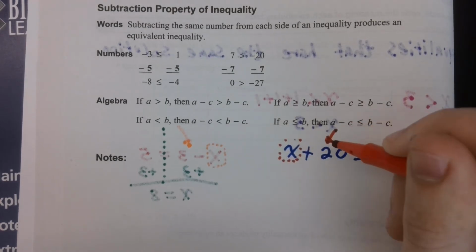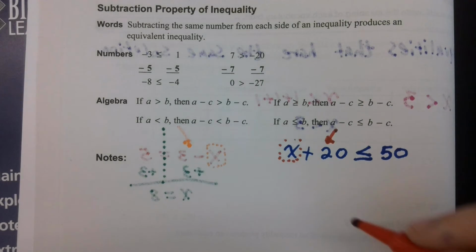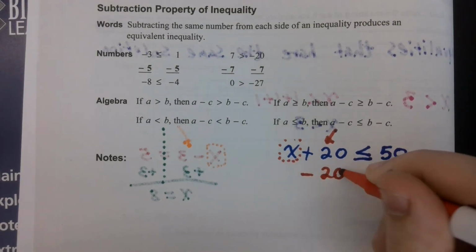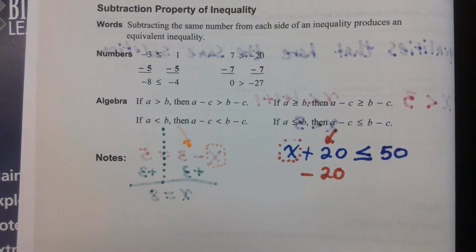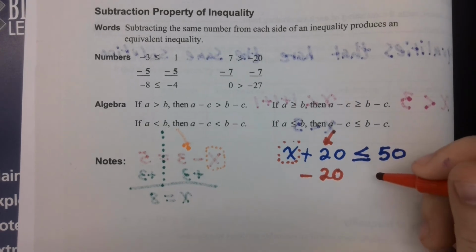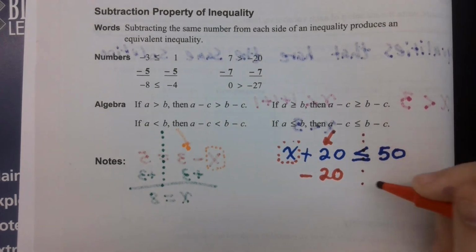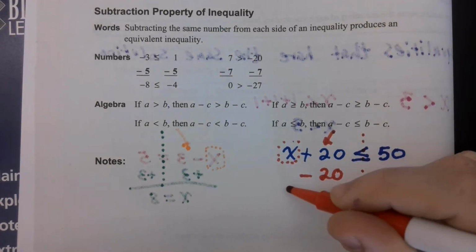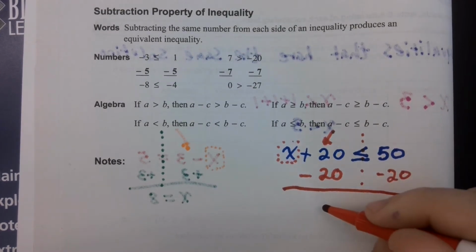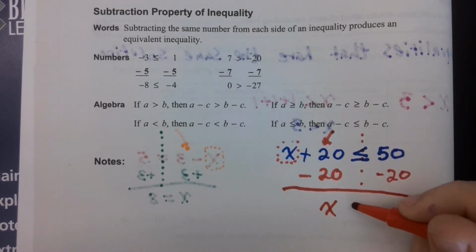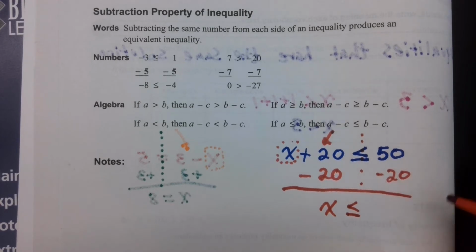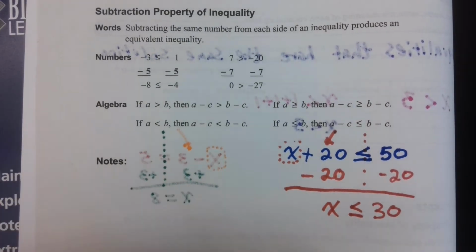We're adding 20. The opposite of adding 20 is subtracting 20. And our rule says we can subtract whatever we want as long as we do it from both sides. So we also have to do 50 minus 20, giving us x all by itself is less than or equal to 50 minus 20, which gives us 30.